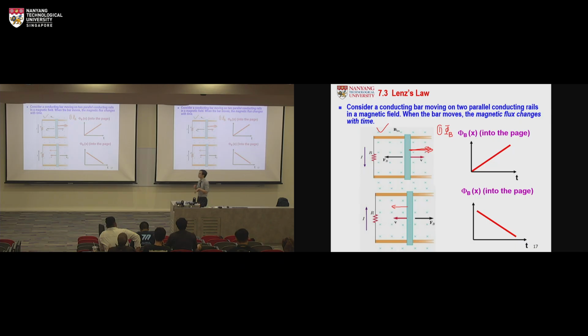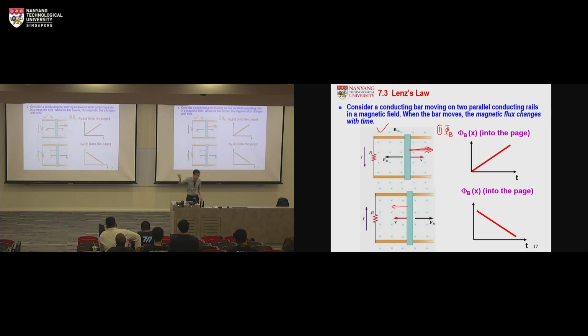How does it change? Increase, and then two components, direction and increase or decrease. Yes, increase. How about direction? Yeah, into the page. So the initial flux is pointing into the page and increasing. So this is step 1.